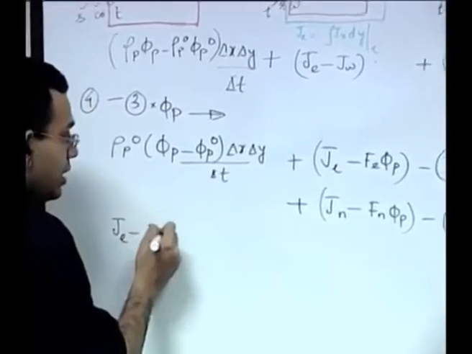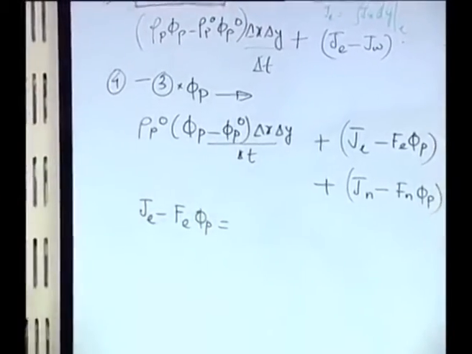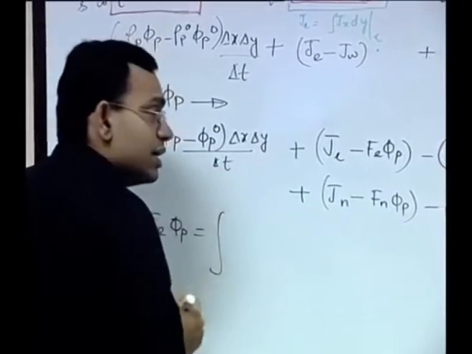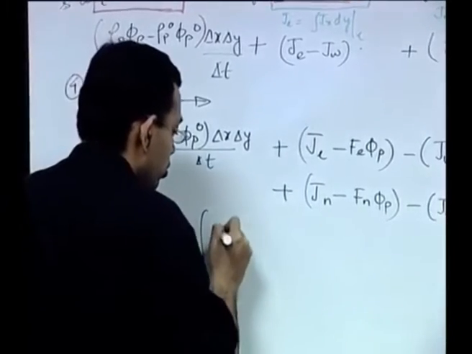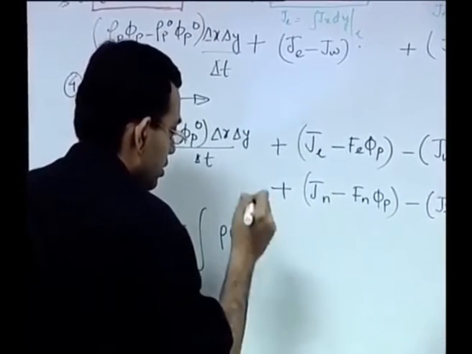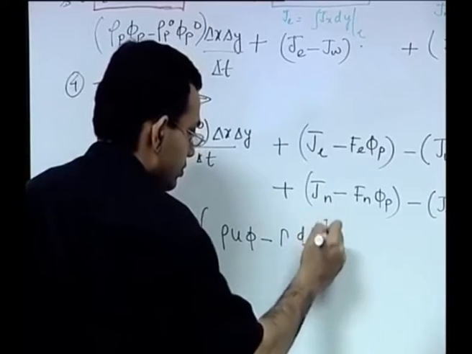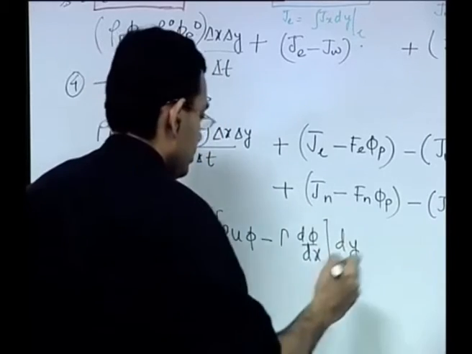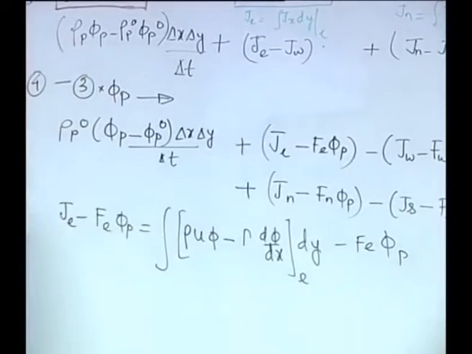So, Je minus Fe phi P. Je is integral Jx dy at E. So, rho u phi minus gamma d phi dx, minus Fe phi P.